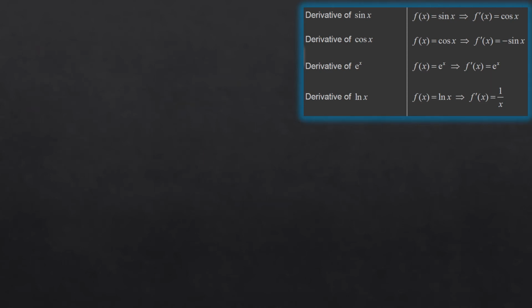In this example 2, I'm going to use the chain rule as well as the product rule. Let's take an example where g(x) is equal to e to the power 2x times ln x.